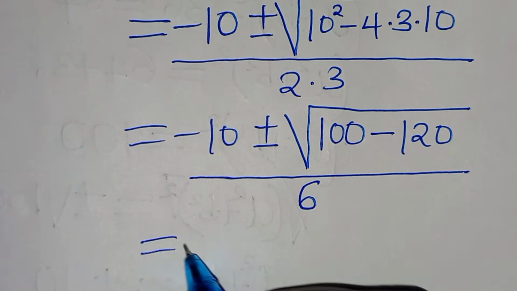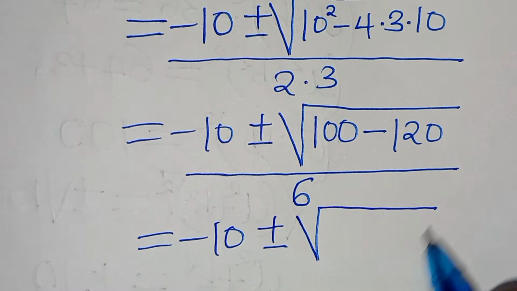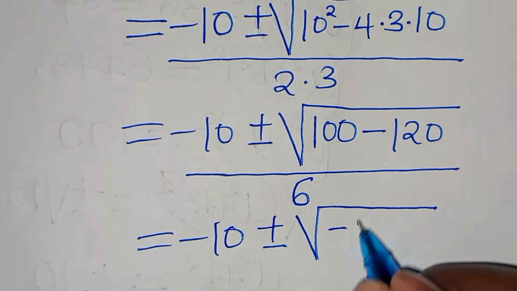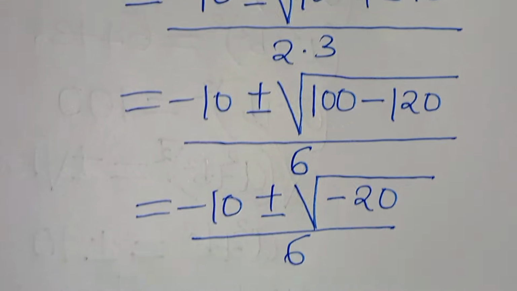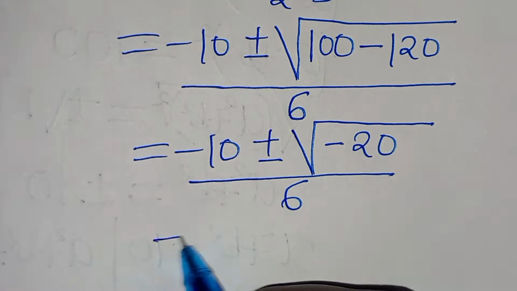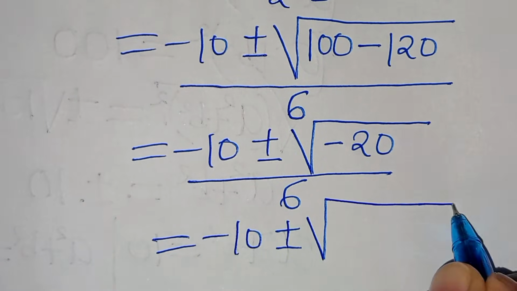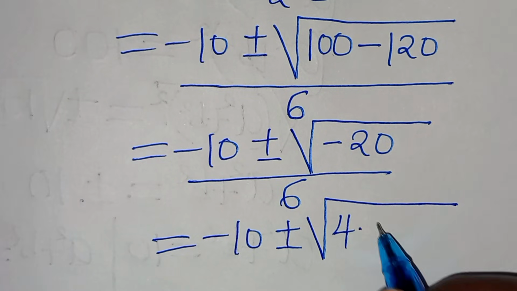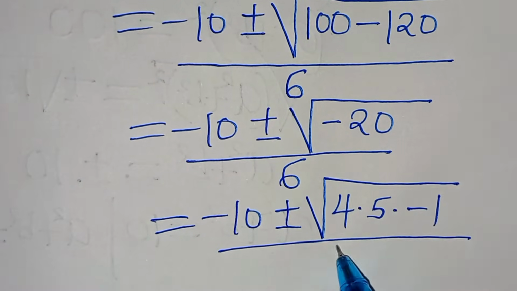Now we have here minus 10 plus or minus the square root of 100 minus 120, this is minus 20, divided by 6. We can express the square root of minus 20 as, now this is the same thing as the square root of 4 multiplied by 5 multiplied by minus 1, everything here divided by 6.